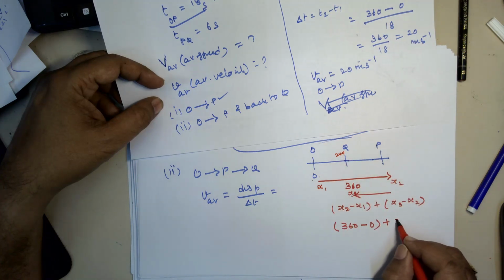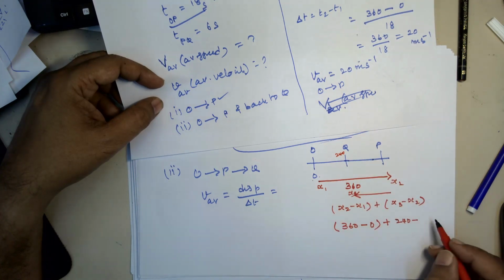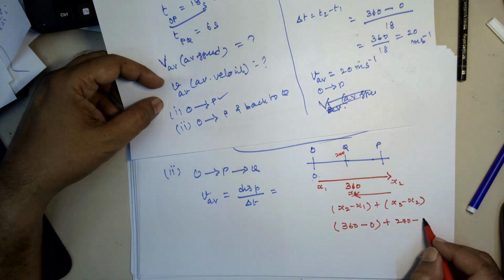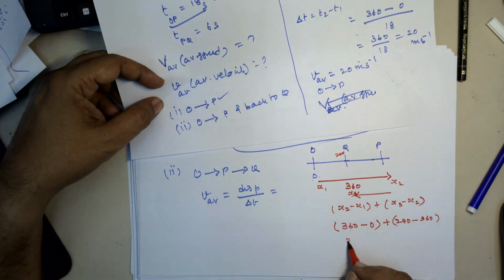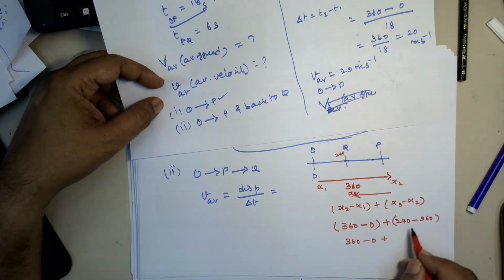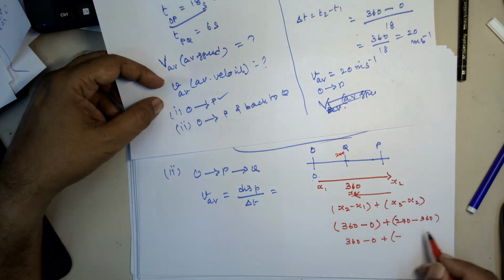So x3 is 240 minus x2. What is x2? 360, right? Now 360 minus 0 plus, what about this one? 240 minus 360 means minus 120, right?